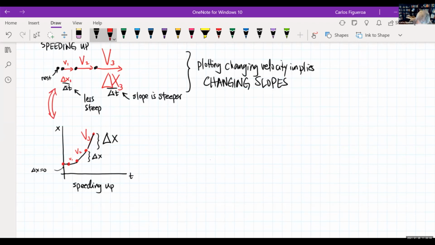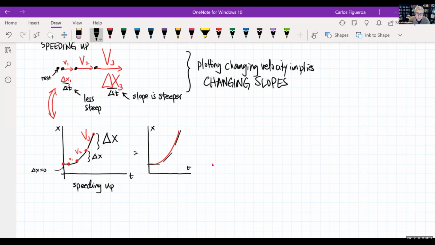And so if I was to now smooth out my curve, what would I really see? I would see that my curve would be flat, and then it would go like this. And as I look at each of these slopes, the slopes are getting steeper and steeper. And as they get steeper and steeper, I'm getting a higher and higher velocity. And that's what I mean by a curve.